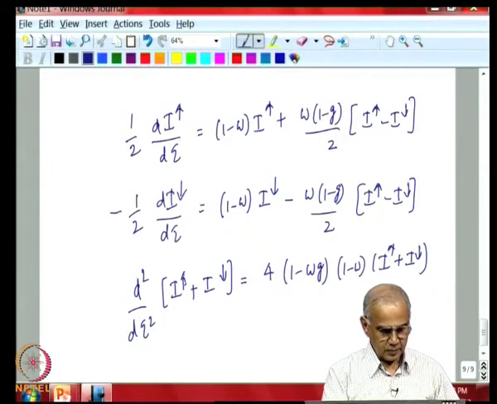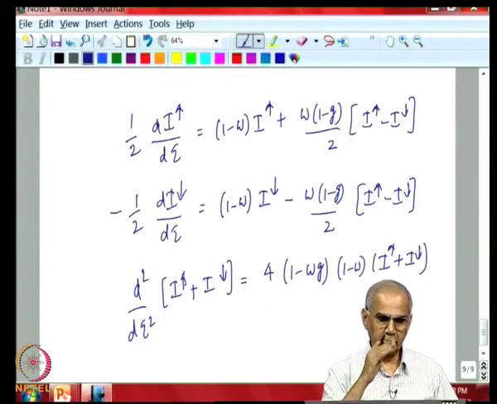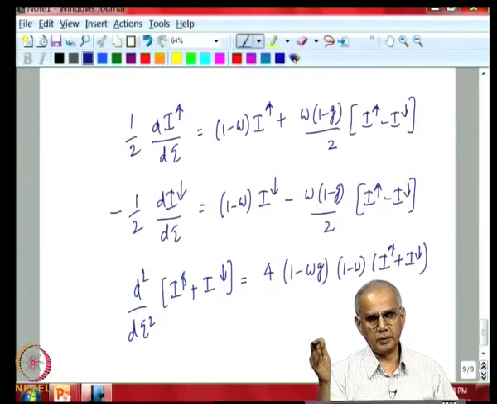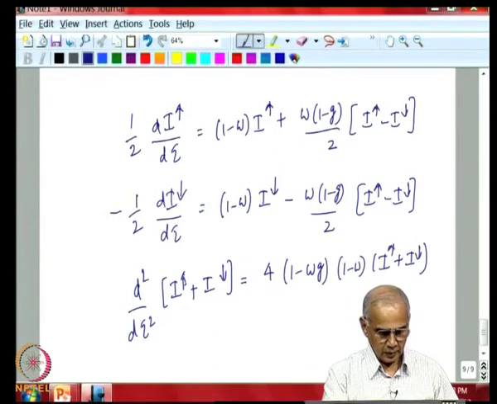So, you can see that we have an equation for essentially the mean of the upward and downward intensities in terms of the asymmetry parameter and the single scattering albedo, and one can derive a similar equation for the difference between the two. They look quite similar. So, we can solve the equation fairly easily.